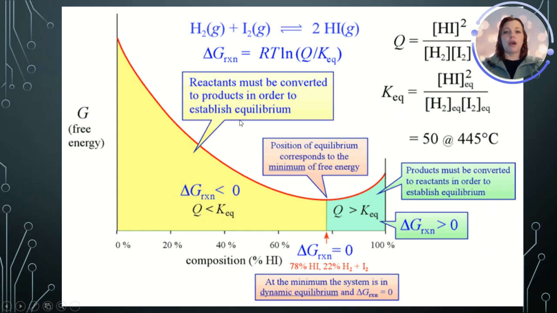But I liked this graphic, and so I wanted to blow it up for you and show that in this case, if your delta G is less than 0 and your Q is less than K, then your reaction will naturally proceed until the point at which your K is equal to your Q and your delta G is equal to 0. On the other hand, if you've got this situation where your Q is greater than K, of course, we go in the reverse reaction.